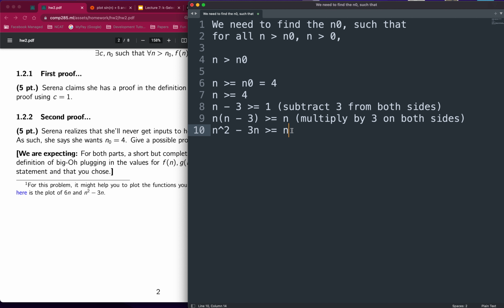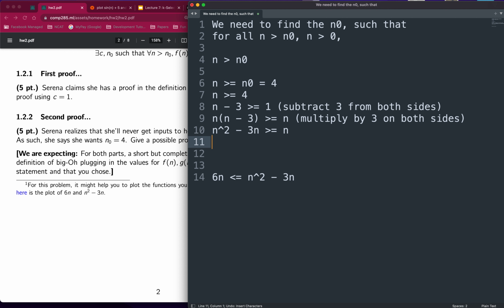Now, this is very close to what we want. What we want is 6n is less than or equal to n squared minus 3n. So you can see here that we're just a little bit off. So what we can do is multiply both sides by 6, right?